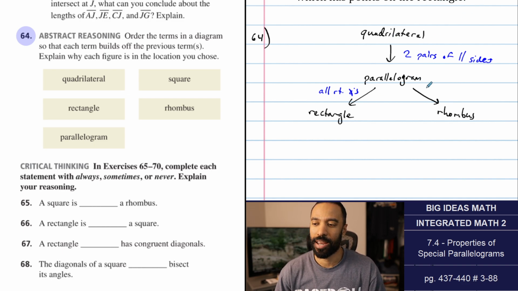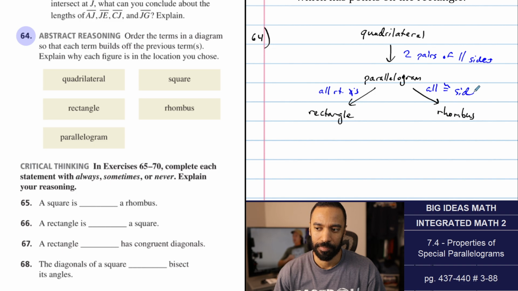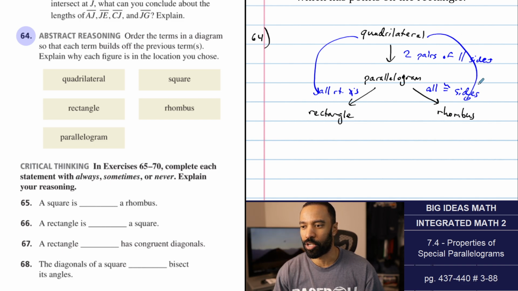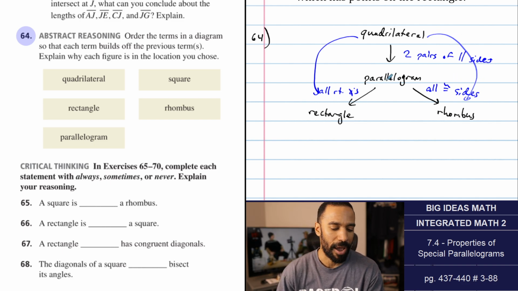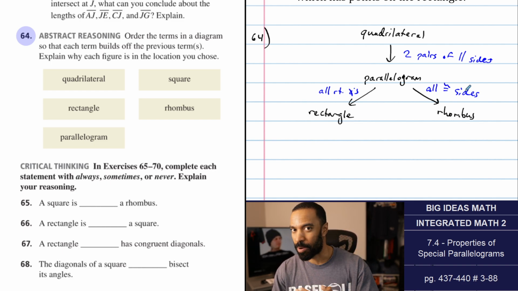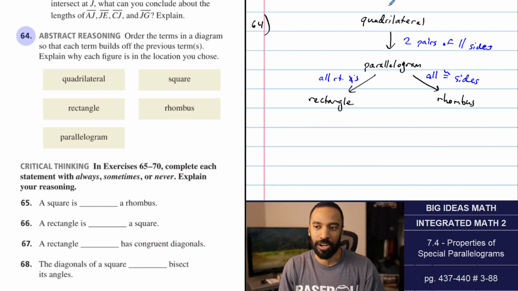So anyway, all right angles in a rectangle, a rhombus is all congruent sides. Here's what I was going to do: quadrilateral, all right angles; quadrilateral, all congruent sides. That would have worked. In the parallelogram, I would have said congruent diagonals, perpendicular diagonals, diagonals bisecting angles. You could have done that, but I'll leave that.